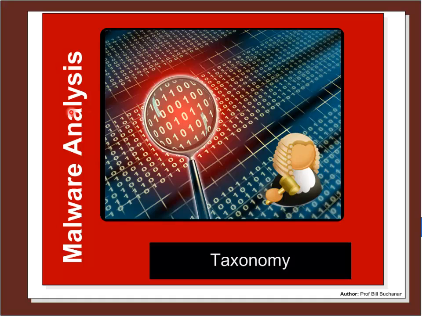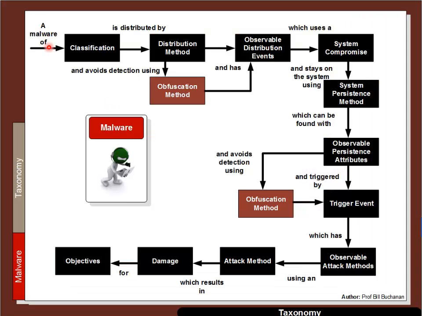So let's see if we can define a basic taxonomy for malware analysis. Okay, so this is quite a simple one, but it will at least allow us to classify our malware and see if we can actually determine its operation. So in this case, a malware has a certain classification and is distributed by a certain method.